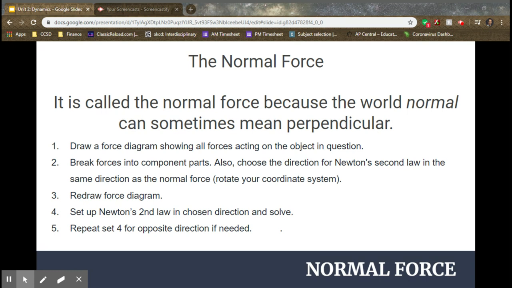We'll go through an example, but you're going to need to derive what the normal force is every time. Some situations, it's easy. Some situations, a little bit more complicated. I'm pretty sure in the slides that we go through an easy example and a little bit more difficult. But take a look through all these steps, same exact steps that we just talked about.